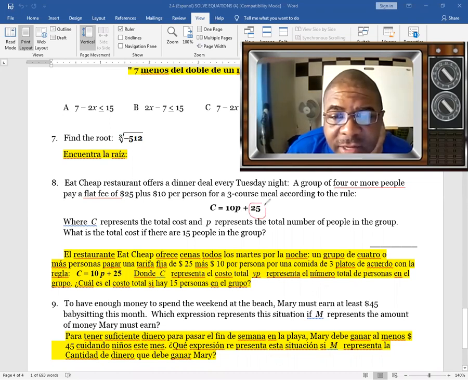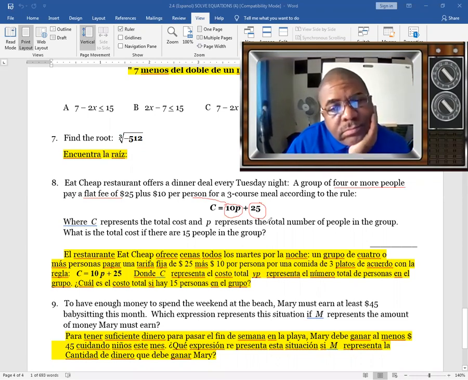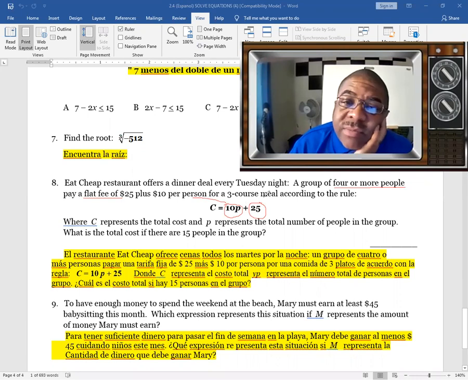So this is the $25 plus $10 per person. So that's right here. $10 a person. So $10 a person plus the flat rate of $25.